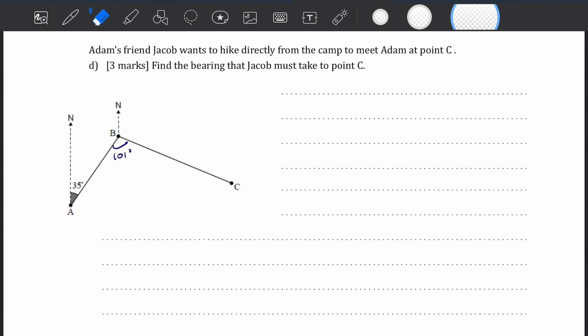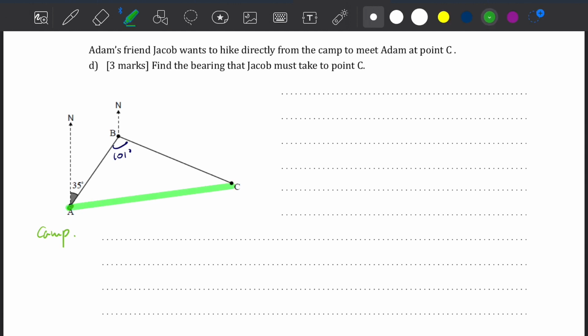So we have Adam's friend Jacob, who wants to hike directly from the camp to meet Adam at point C, and we need to find the bearing that Jacob must take to point C, right? You know that point A is where the camp is, and from the previous question, we know there's a line AC to go directly from the camp to point C. We need to follow this green line, right?